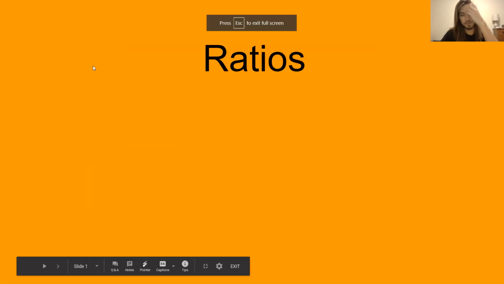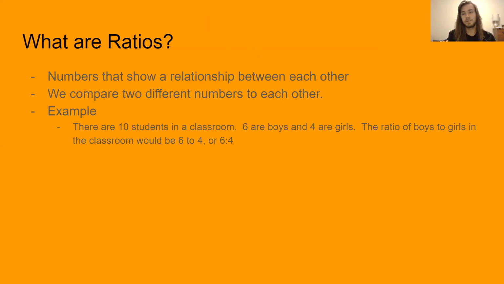Okay. So ratios. The first thing that we need to figure out when we're talking to the class is, what are ratios? I know we discussed a more in-depth definition of what they really are, but when you're teaching elementary, you want to use some simple terms and describe it in lots of different ways.